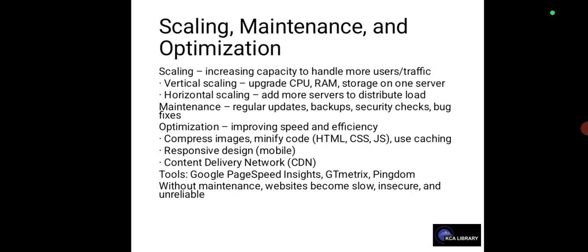Then always check for updates, backups, and fix bugs. Then try to improve speed and efficiency. Compress images where necessary, and use caching. So this is important. The tools you can use for scaling include Google PageSpeed Insights, GTmetrix, Pingdom.